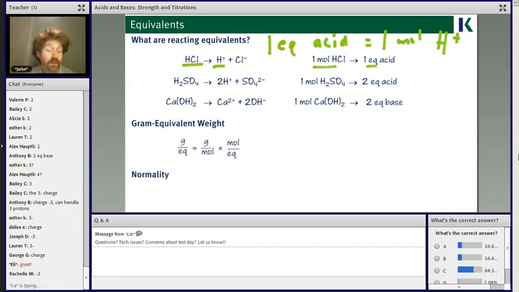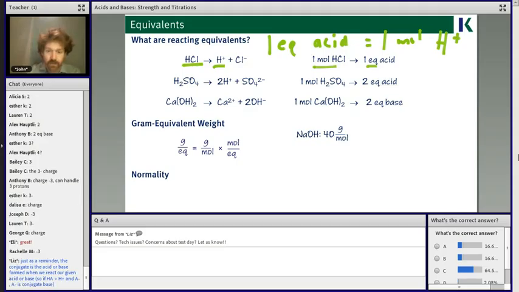Next, we have gram equivalent weight. This might look a little bit confusing, but I want you to know what gram equivalent weight is. It just means how many grams it takes to get an equivalent. That's all it means. So for example, the molar mass of sodium hydroxide is 40 grams per mole.